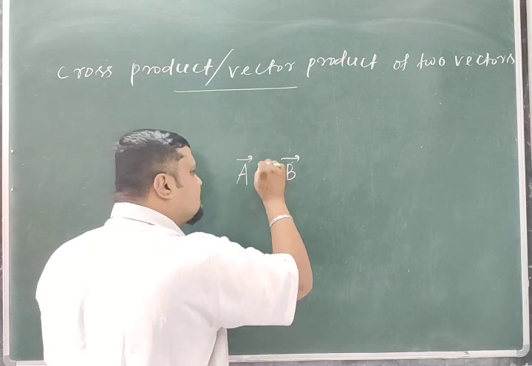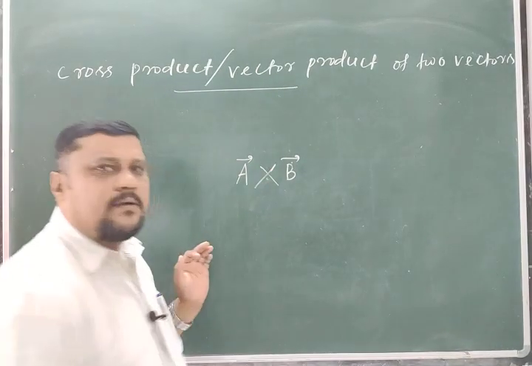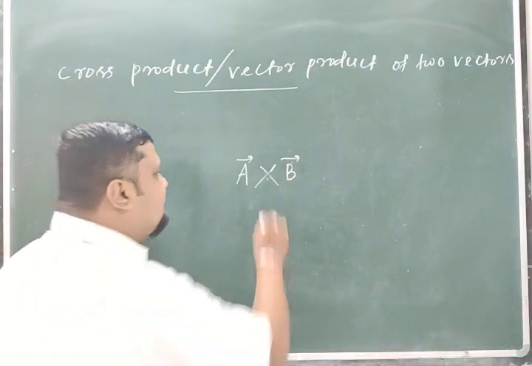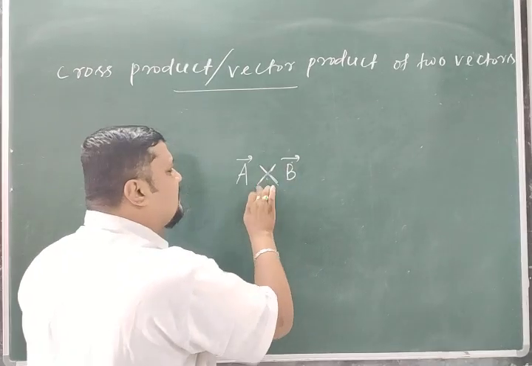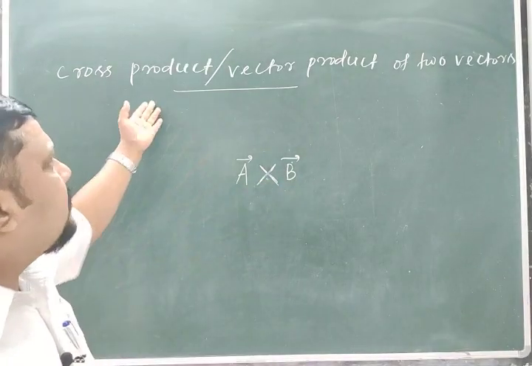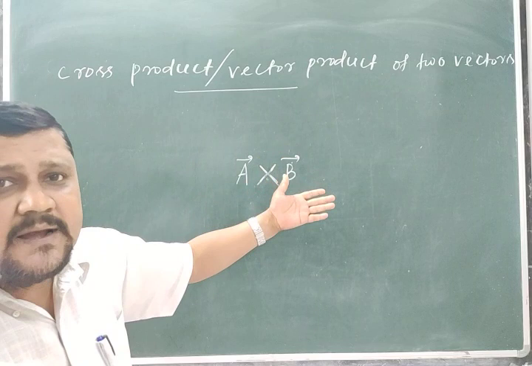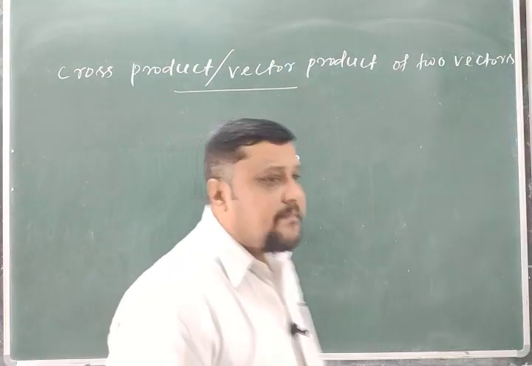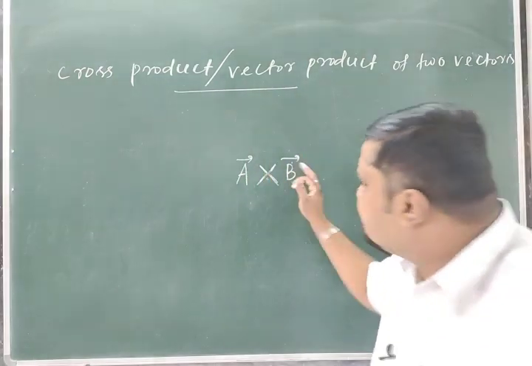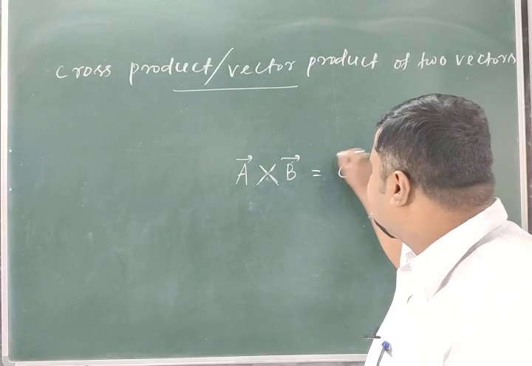If there is a cross symbol in between the two vectors, then it is called the cross product. And this cross product is also called the vector product because the result is a vector.